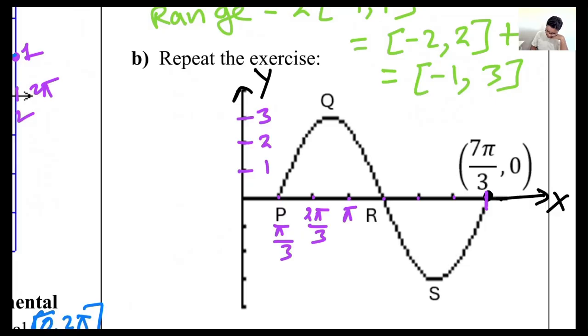Next will be pi. Next would be 4 pi over 3, 5 pi over 3. Then you will get 2 pi. And when you add pi over 3 to 2 pi, you get 7 pi over 3. So that seems to be the division of the scale on the x-axis. Let's do some negatives also here: -1, -2, -3.